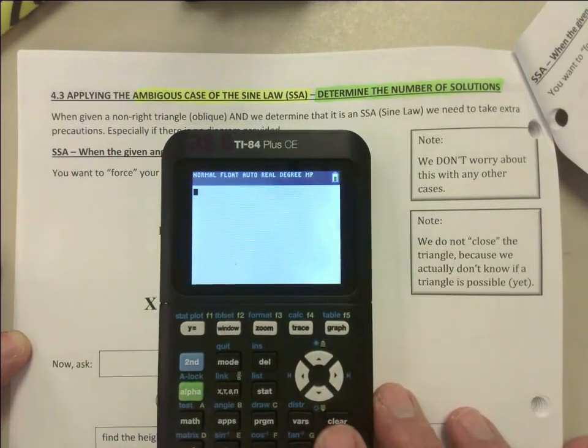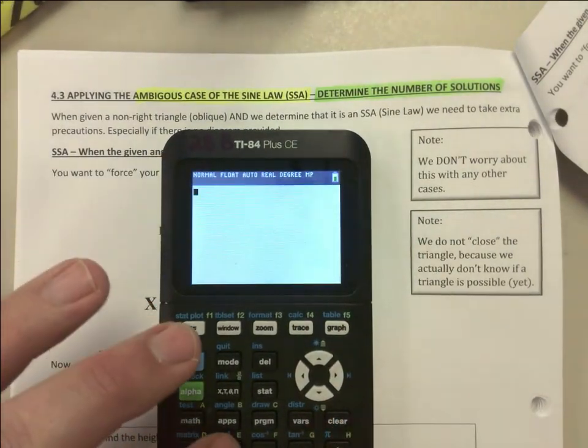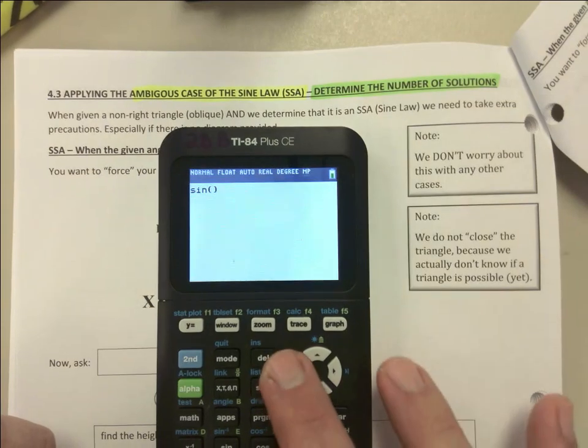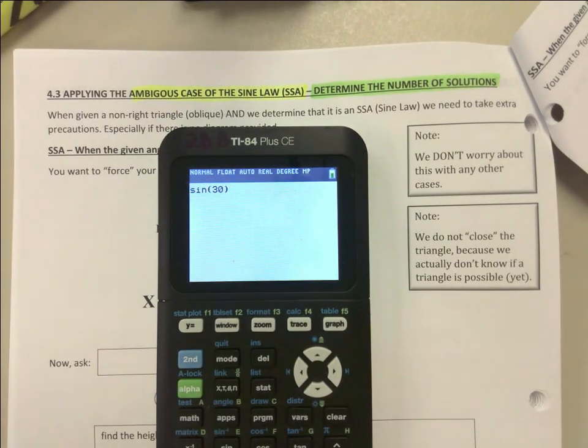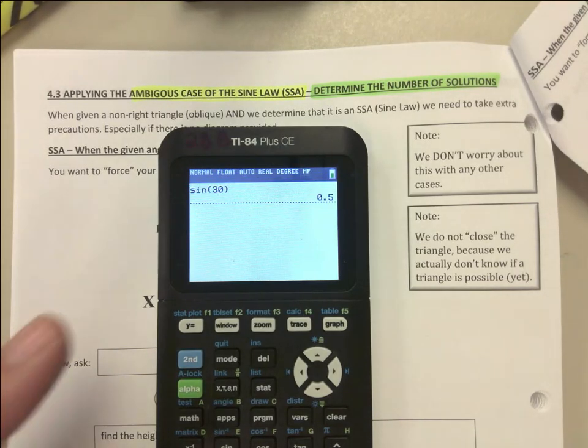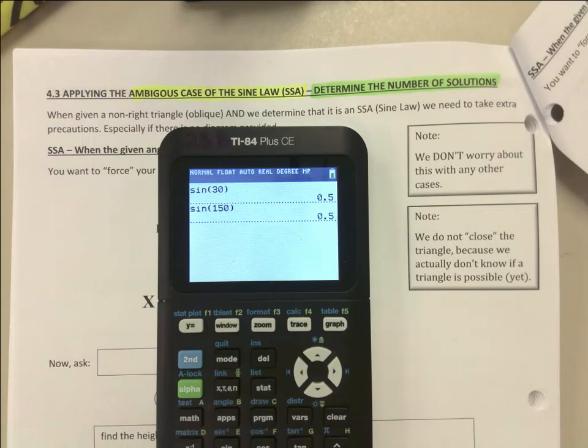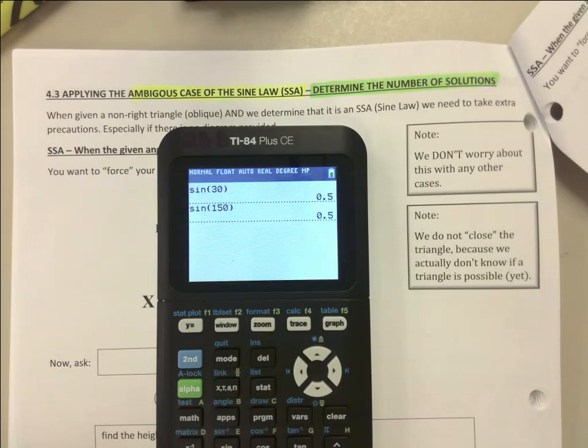Grab your calculator and let's look at a pattern here. Can you try sine of 30? Sine of 30 degrees. What do you get? 0.5. Try sine of 150 degrees. 0.5, right?